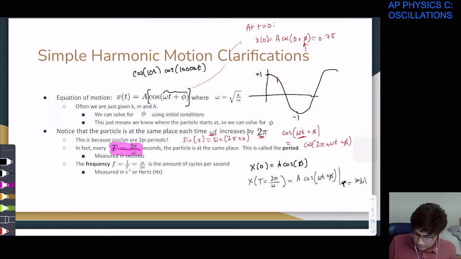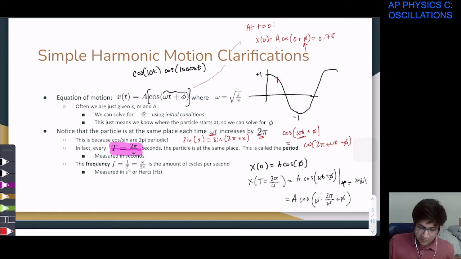So this is equal to a times cosine of omega times 2 pi over omega plus v. And you can see here that the omegas cancel out. So we're just left with 2 pi plus v, and that's the same thing as just normal v. So we're at the same spot.